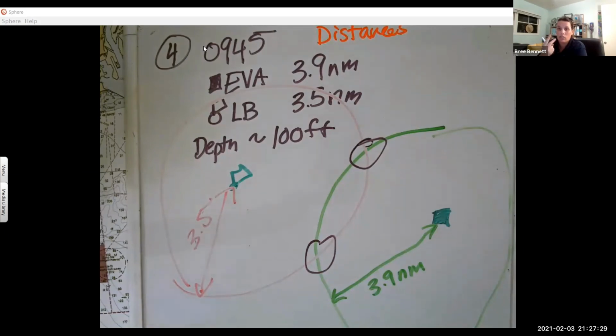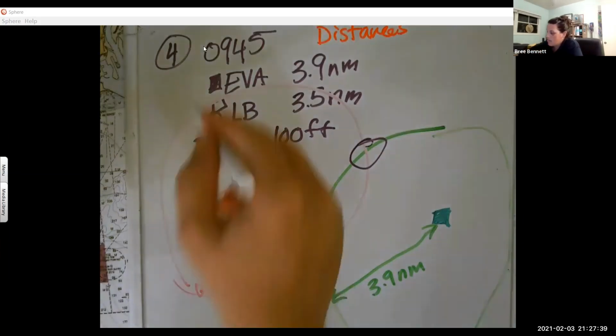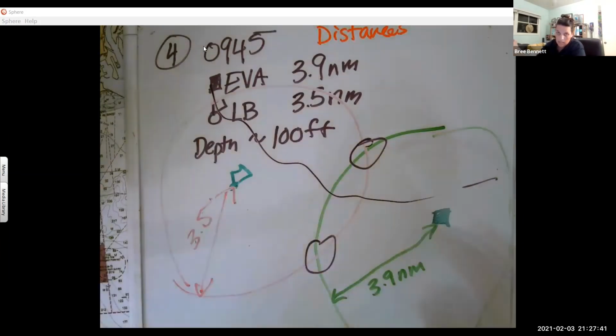So anytime you have a range, or especially 2 ranges, you have 2 possible locations. Sometimes they're so far away, or this is covered by land and you're like, obviously that's not it, this is it. Sometimes it's very obvious, but you need one more piece of information.